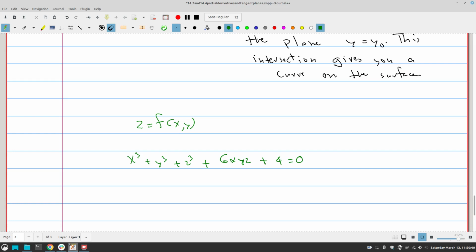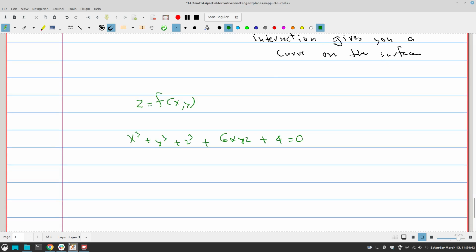Now it's going to be extremely difficult for you to isolate z in this formula, to put z on the left hand side. So the best you can do is use implicit differentiation. So I want to find dz over dx. How would I find that out? We differentiate implicitly with respect to x.